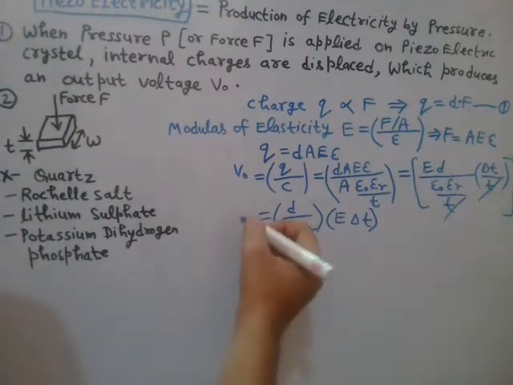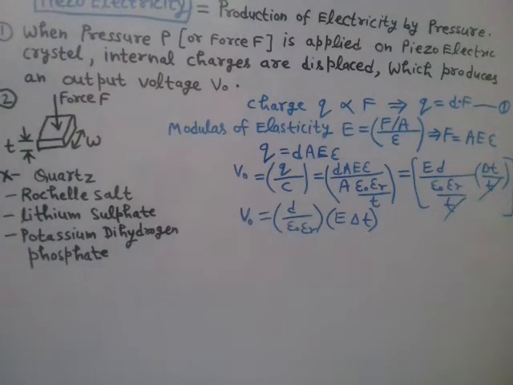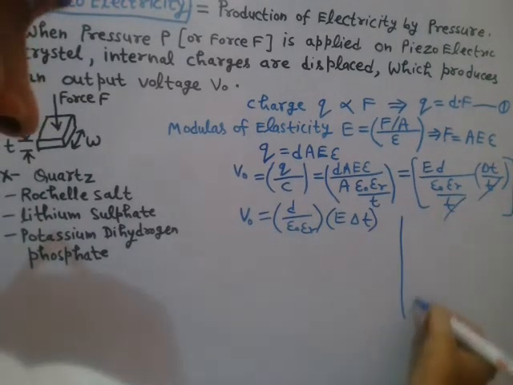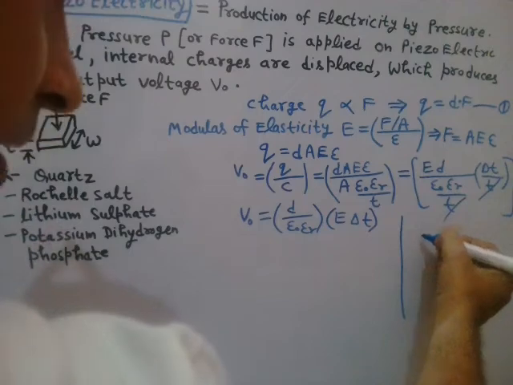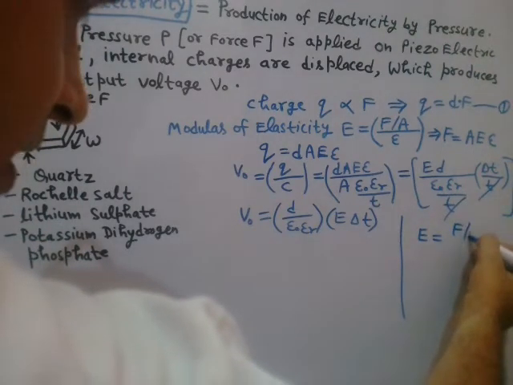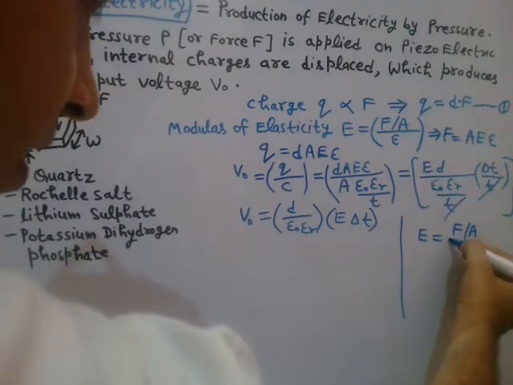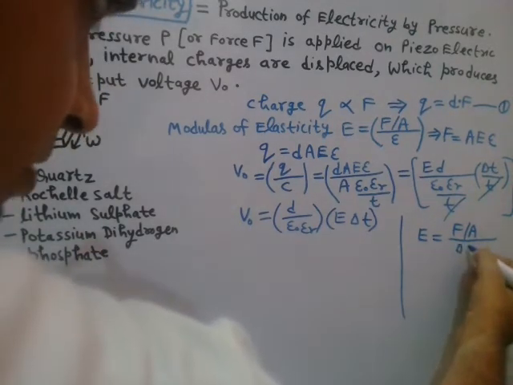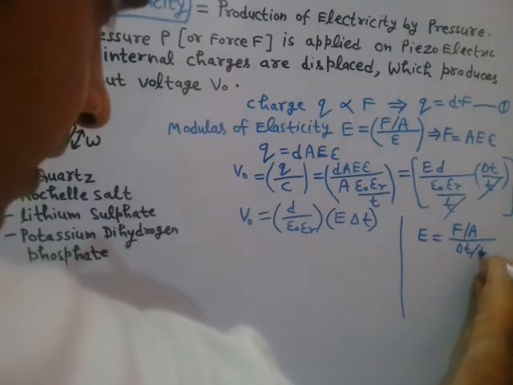Now one more step is remaining. We know that the modulus of elasticity is stress by strain, that is F by A, that is the stress. Strain is delta T by T, right?